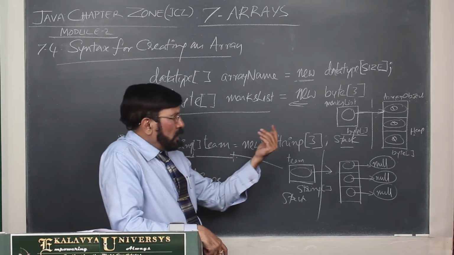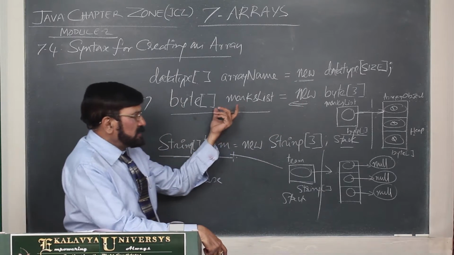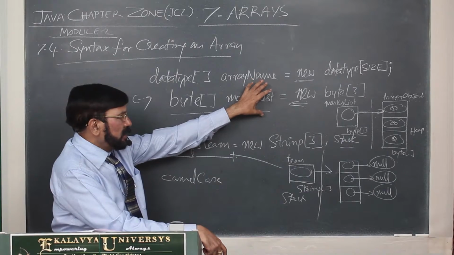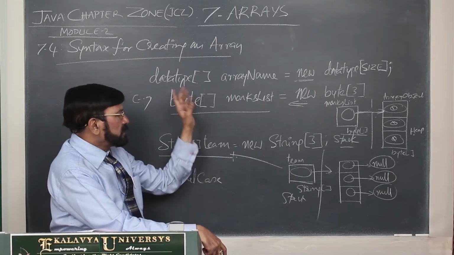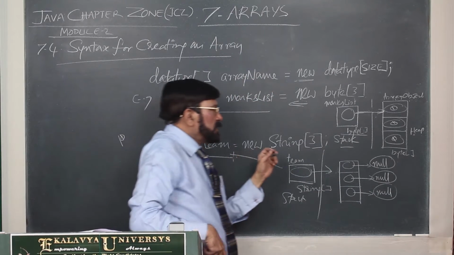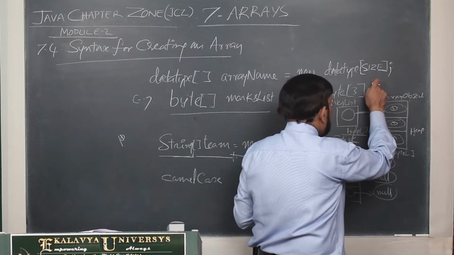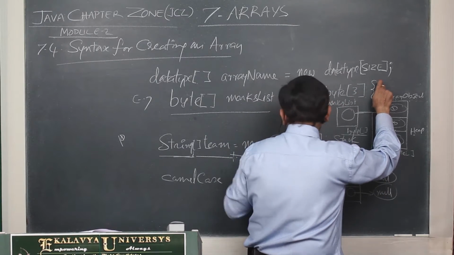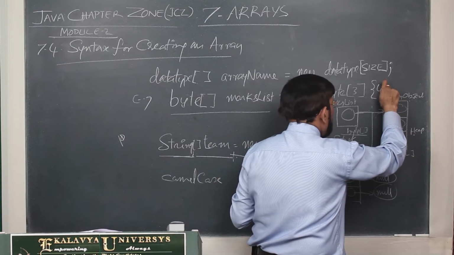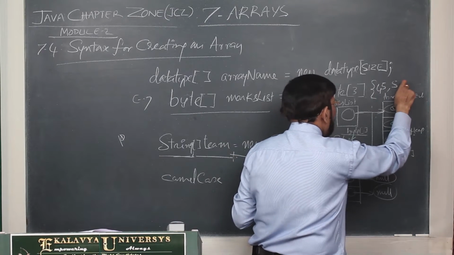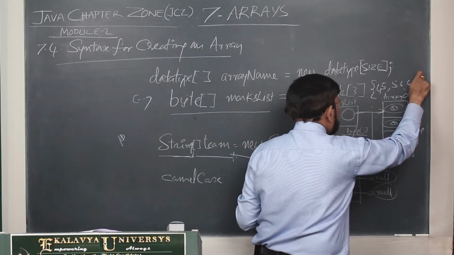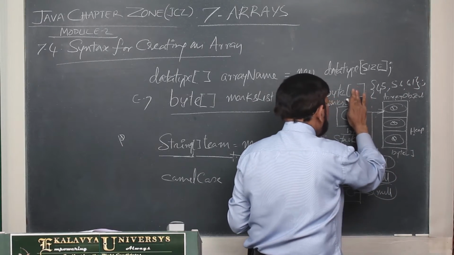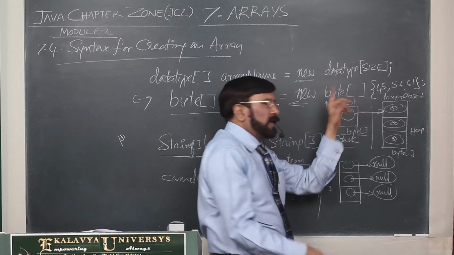Now how can we initialize an array as a part of the statement? That also I show you. Suppose these are marks 45, 56, 61, but in this case you should not mention the size.